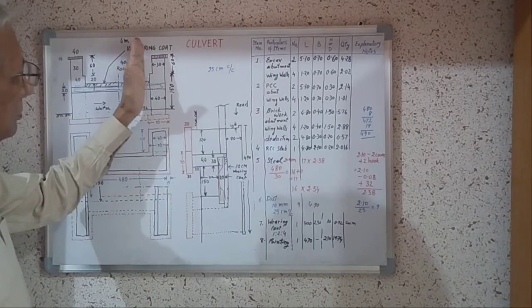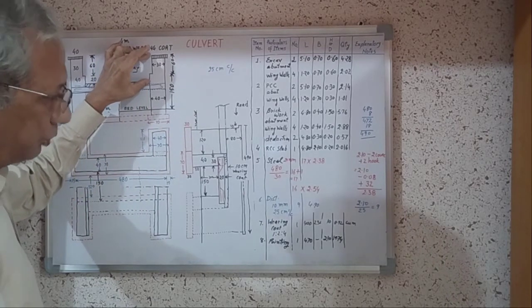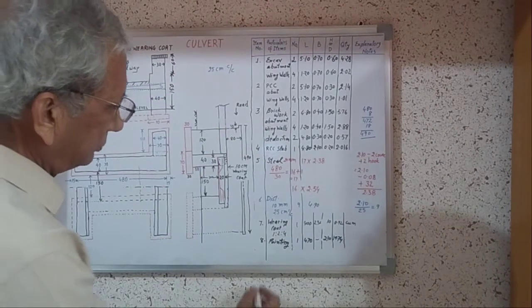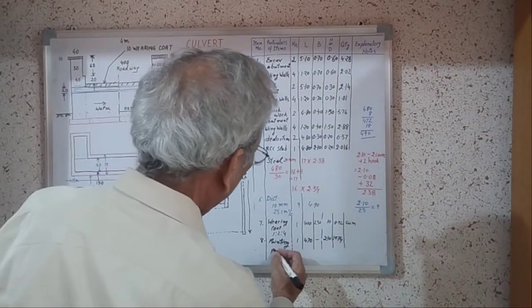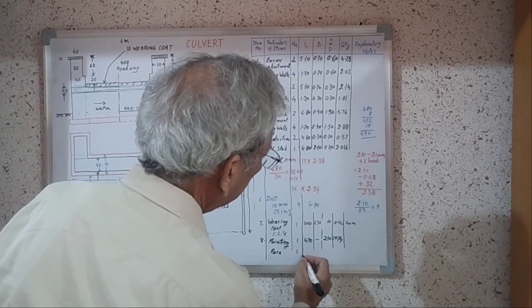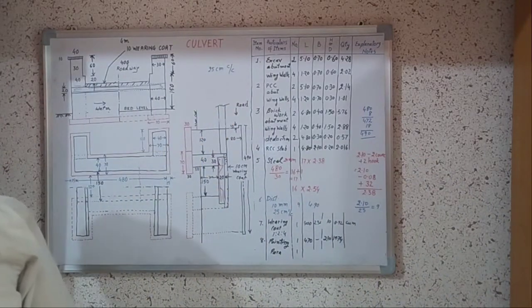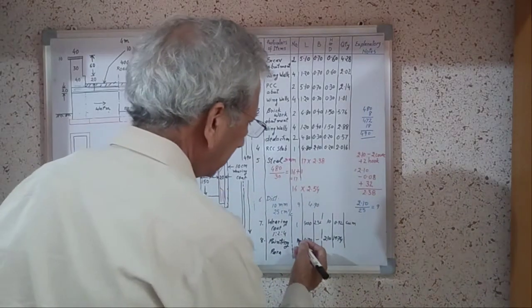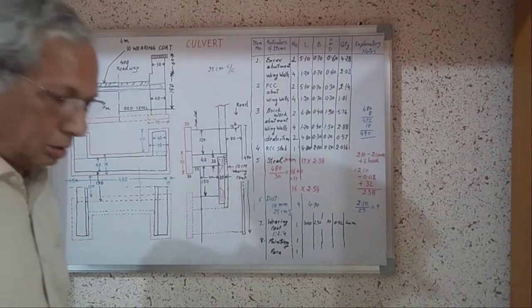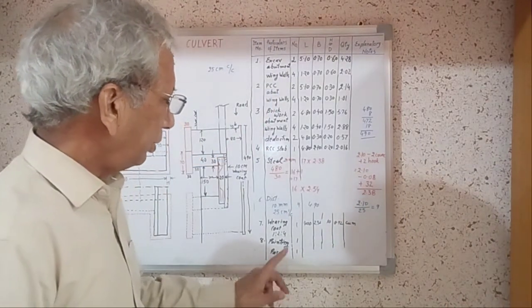Now this is pointing on this side. Inside, where the parapet is, here we will do pointing. The length will be the same. Parapet wall, one number. Next item is pointing, item number 8.